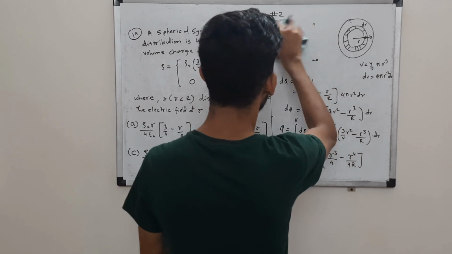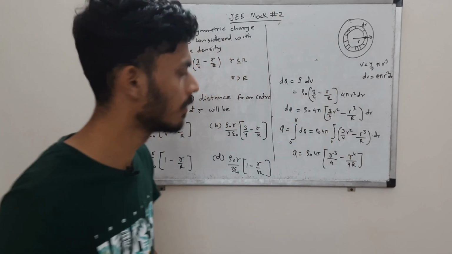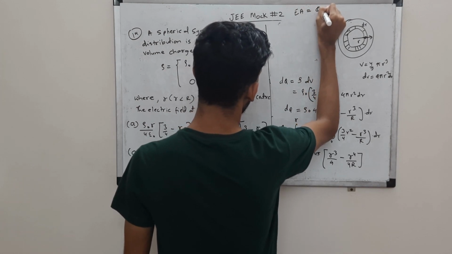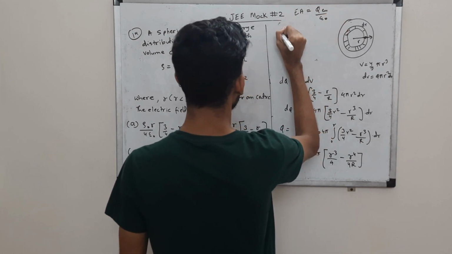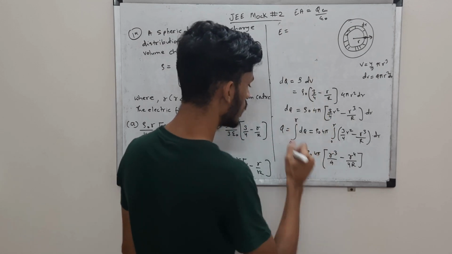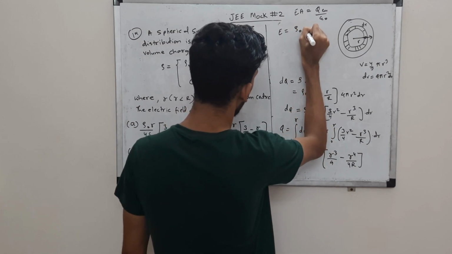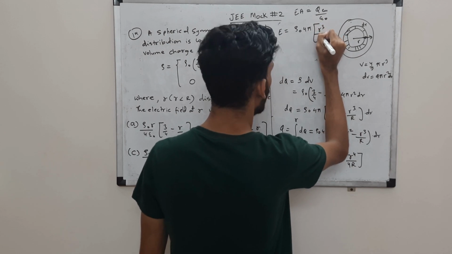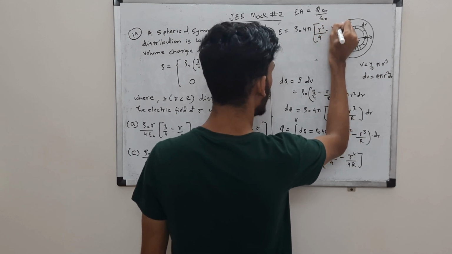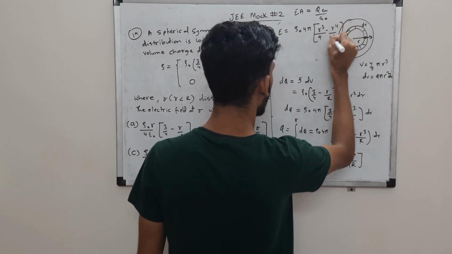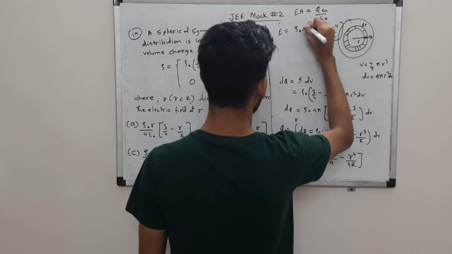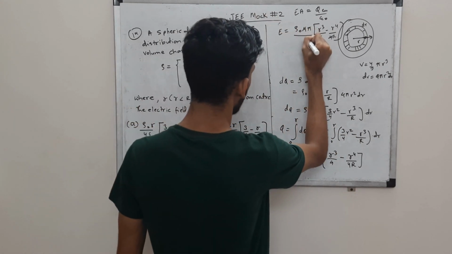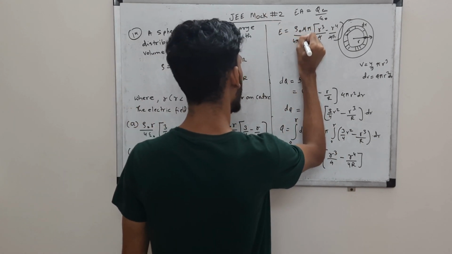Let us substitute that. We know that electric field will be, we had the relation EA equals Q enclosed upon epsilon naught, right. So E will be Q enclosed, which is rho naught 4 pi, and we have r cube upon 4 minus r to the power 4 upon 4R. So you can cancel this 4 throughout, and then bring that area down, so epsilon naught is also there, and area 4 pi r square.